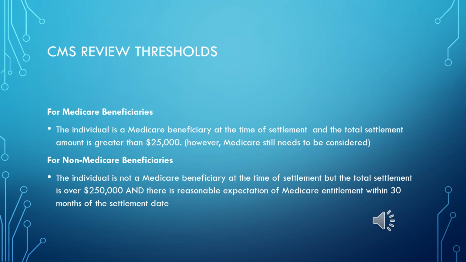Some companies label these as Medicare threshold classes. Class 1 being the Medicare beneficiary with the case settling over $25,000, and Class 2 being a Medicare consideration for a non-Medicare beneficiary, where the individual's settlement will be over $250,000 and he can be reasonably expected to be on Medicare within 30 months of the settlement date.